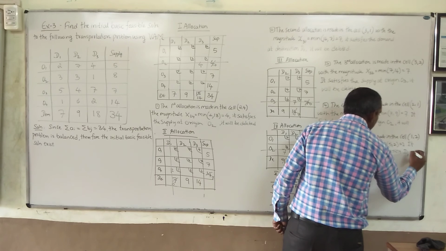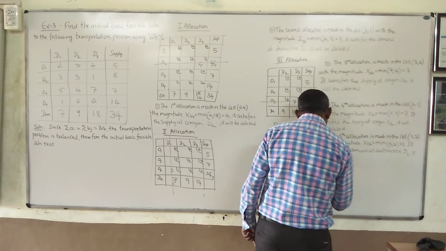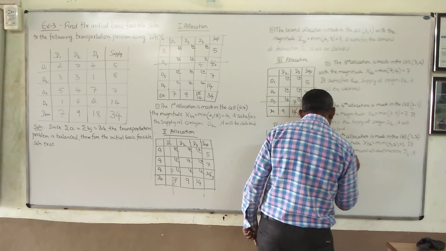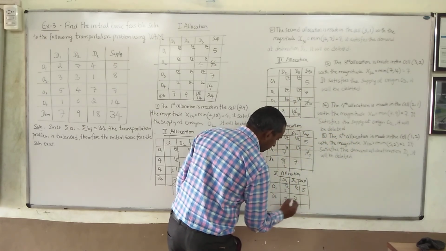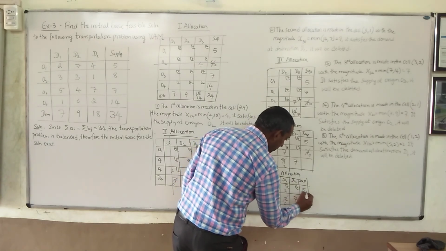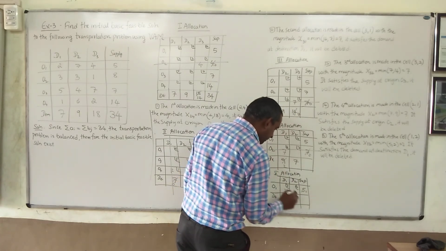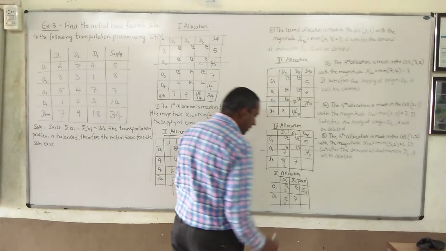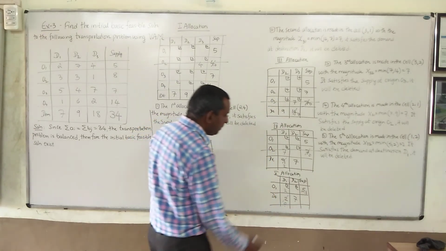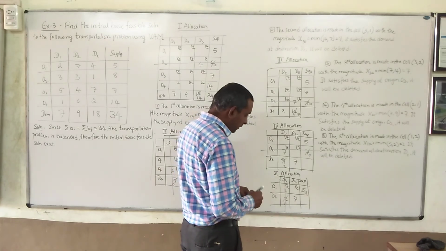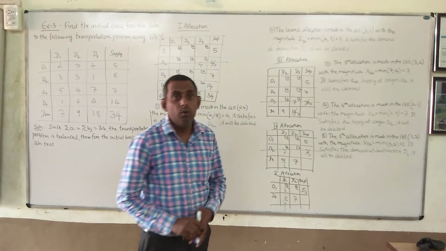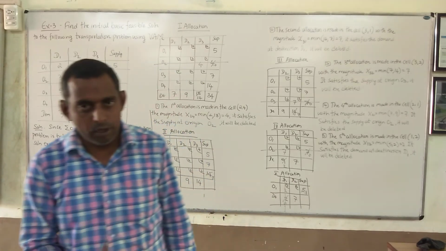So it will be deleted. How much is it? 3. So what happens? Let me delete this one. So this is how we are supposed to solve it.